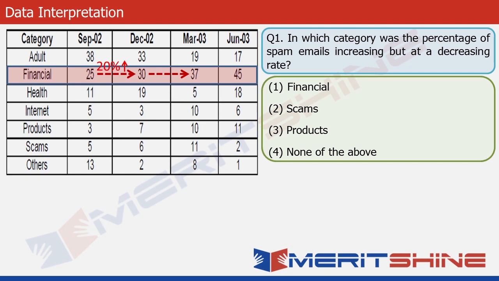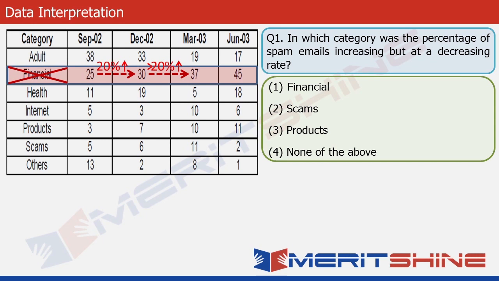But we can see that the March 03 number stands at 37, which is an increase of 7 points over December 02. So we can safely say that the jump here is more than 20%. So this option is ruled out because the percentage of spam emails is increasing at an increasing rate here.